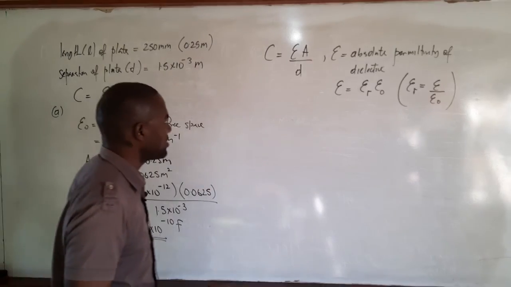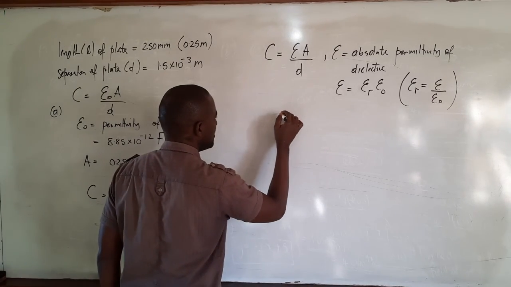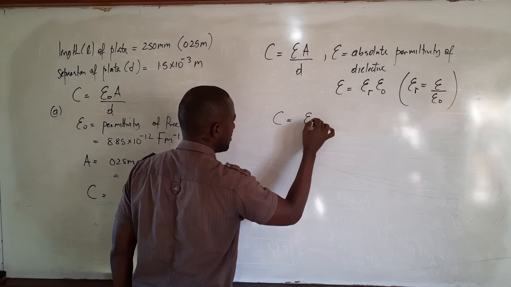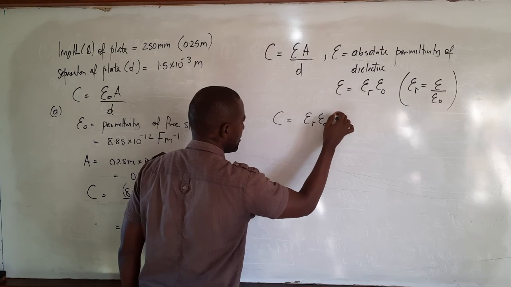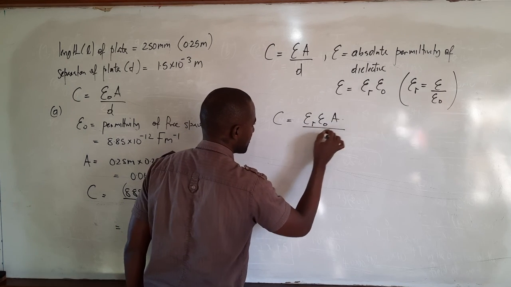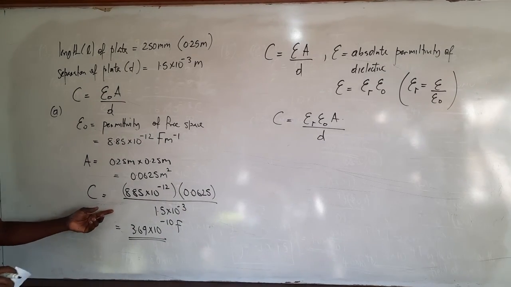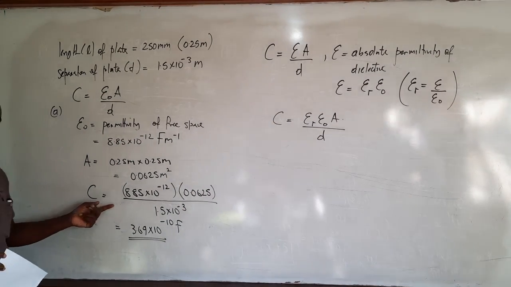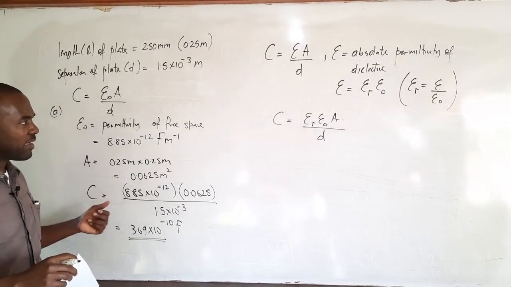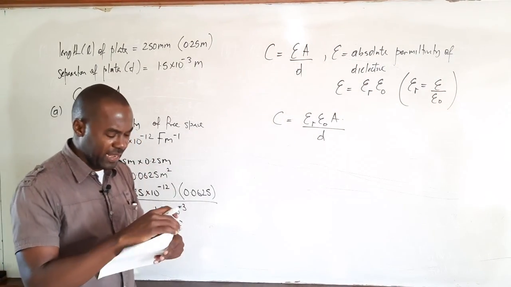So therefore our formula becomes C is equal to epsilon R epsilon naught A over D. If you compare this formula to the earlier one, essentially all we're doing is multiplying the capacitance of the capacitor with air between its plates by the relative permittivity of the dielectric material.